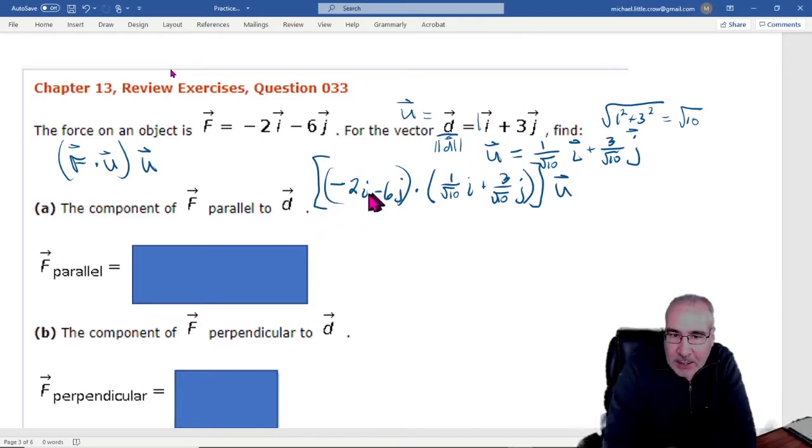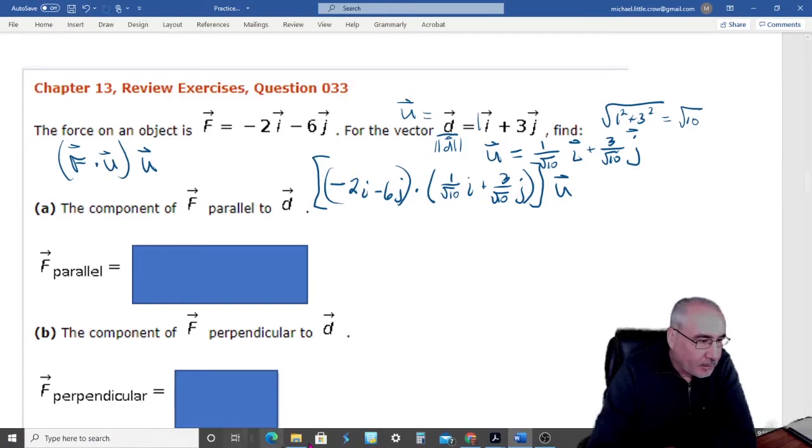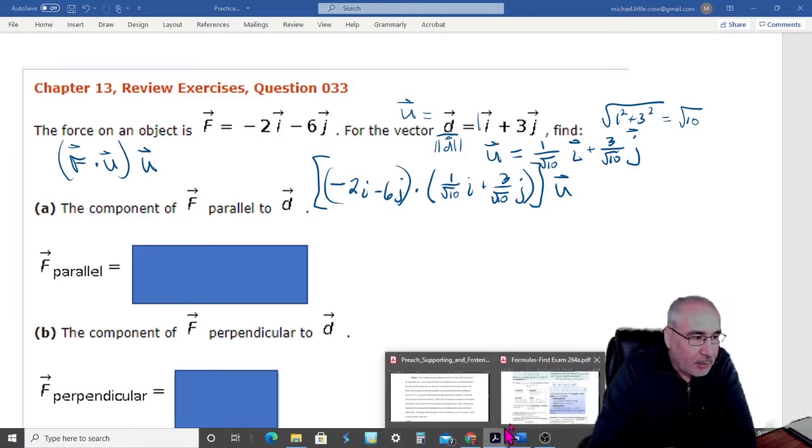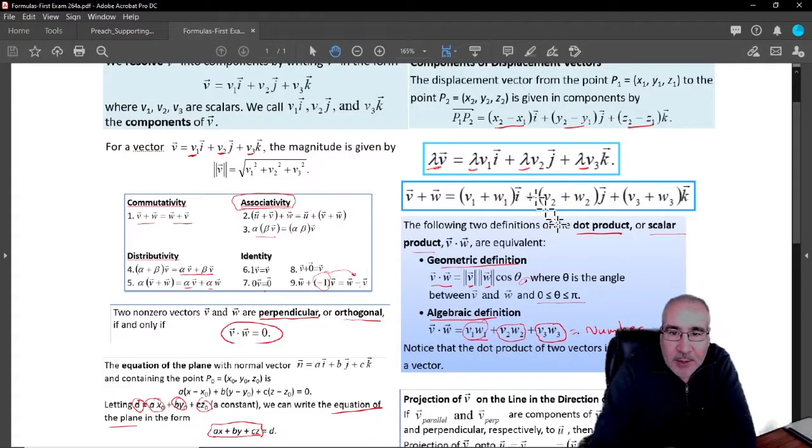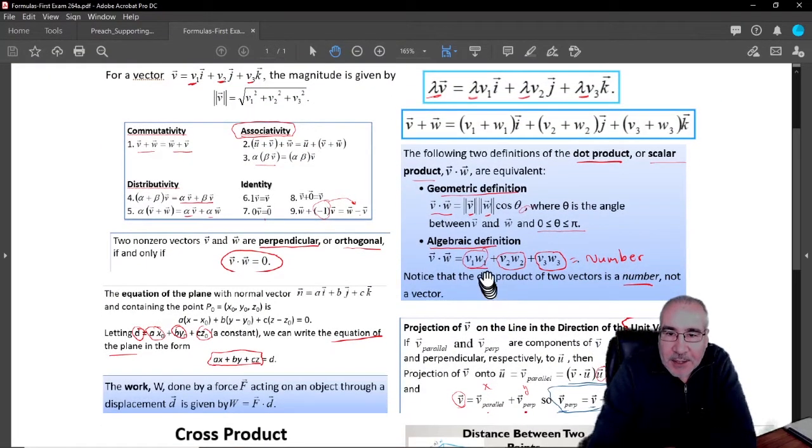And to do the dot product, if you forget, just bring that back up. How do we do a dot product? It's this algebraic definition here: the i components multiplied together plus the j components plus the k components if we have 3.